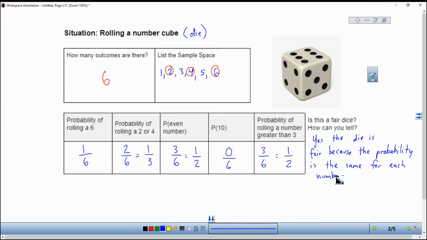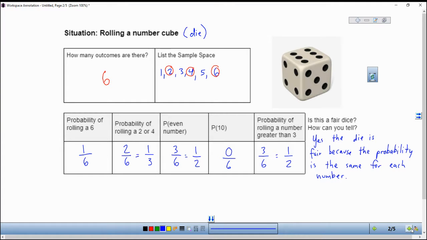The probability of rolling a 1 is 1 out of 6, and a 2 is 1 out of 6. Each number in the sample space would have a 1 out of 6 probability of being rolled. So that would be a fair dice. That's why, like when you're playing a game like Monopoly, you're using this kind of dice because you have a fair opportunity to get 1 through 6, and every player has that same chance. So that's why that dice is fair.